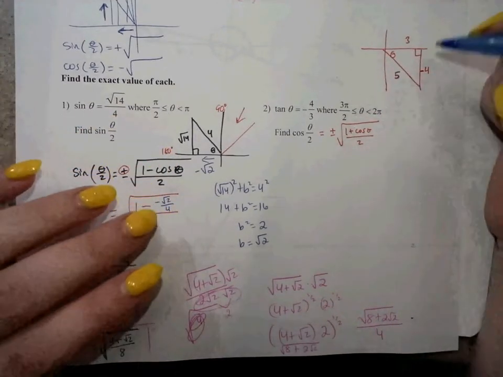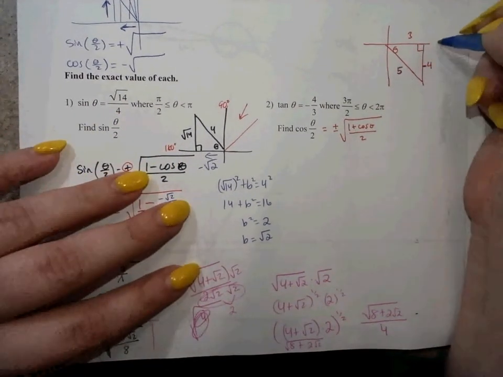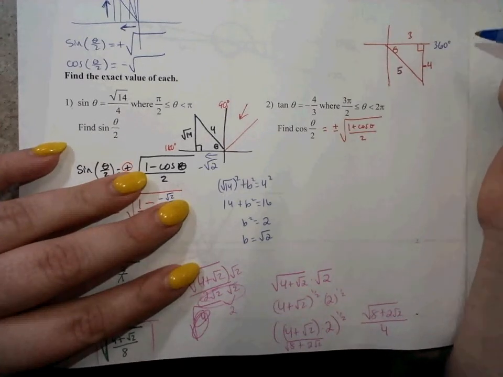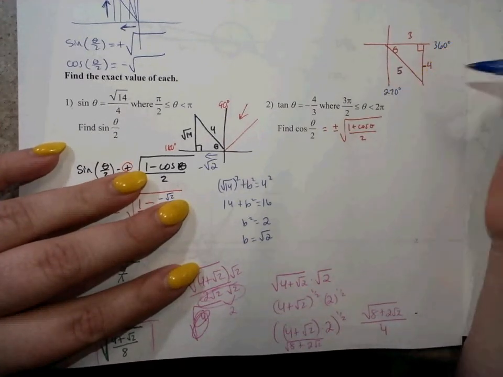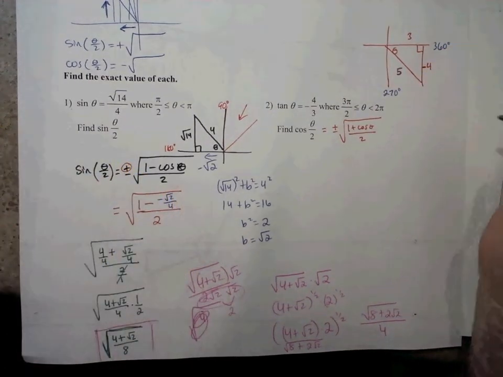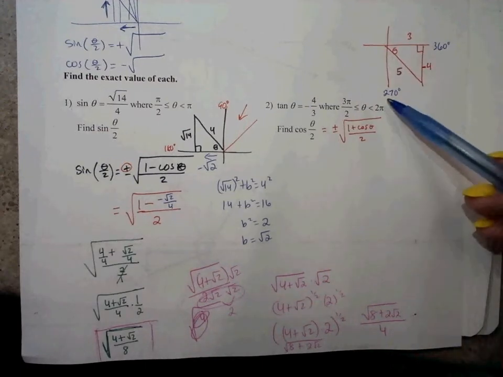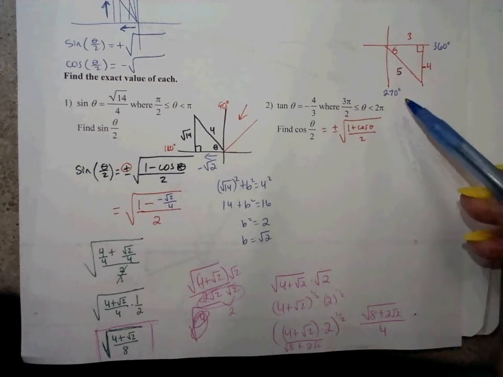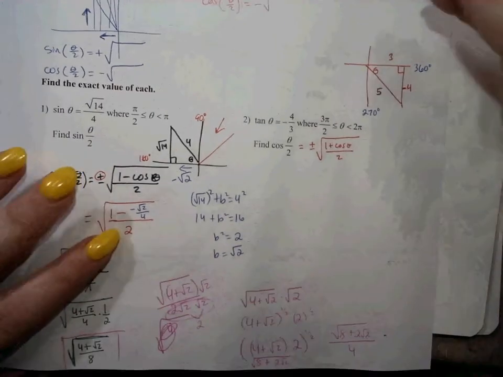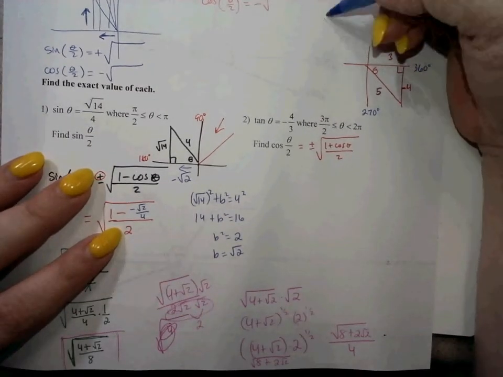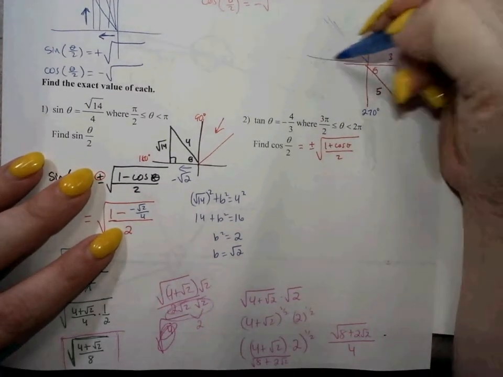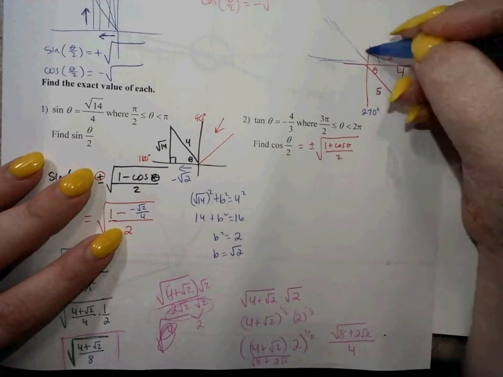And I've got to decide whether or not it's positive or negative. Well, I'm in this quadrant, right? The maximum I would be is something below 360, and the minimum I would be is something right above 270, right? So if I pick any number between 270 and 360, half of 270 is 135, which puts me halfway through this quadrant, and half of 360 is 180.